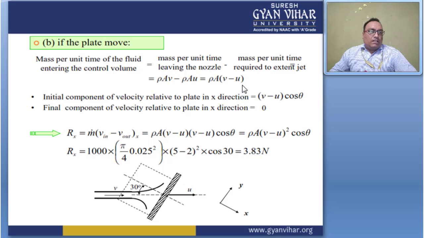So the initial component of the velocity in the direction of x is (v minus u) cos theta, and the final component of velocity relative to the plate is 0. Then Rx is equal to m dot (V in minus V out) in the x direction.